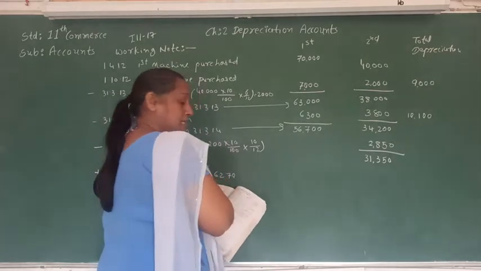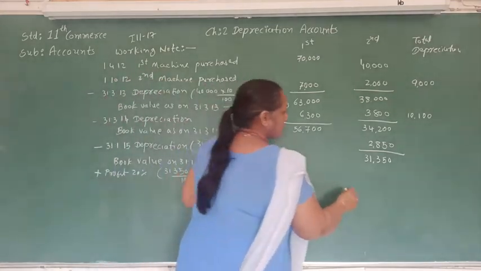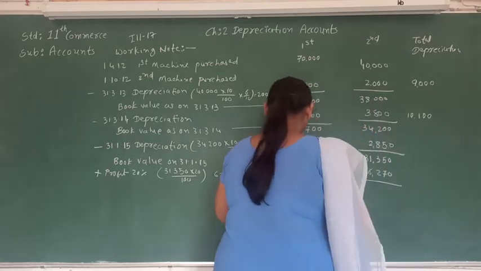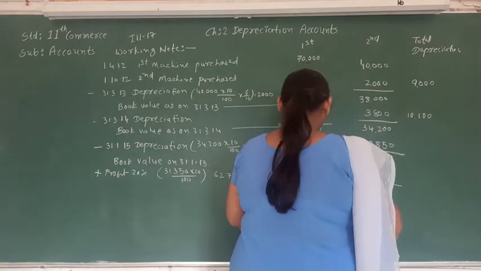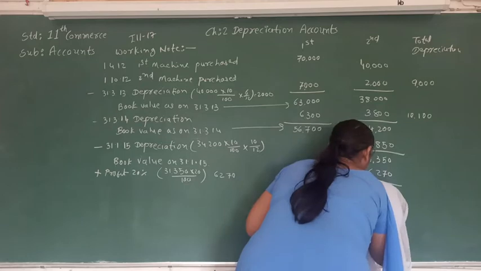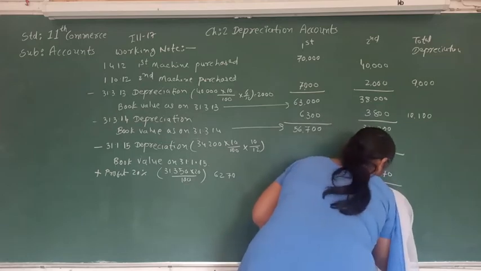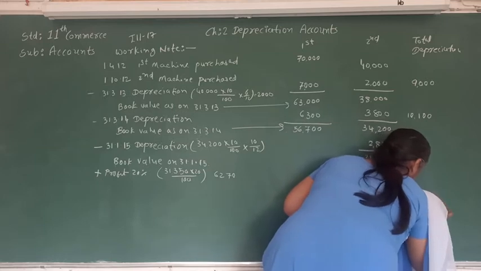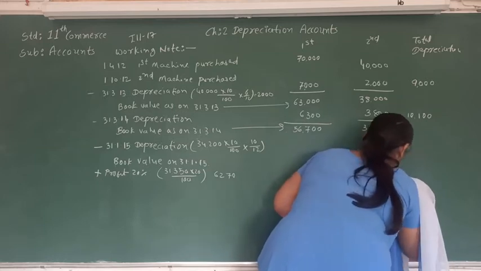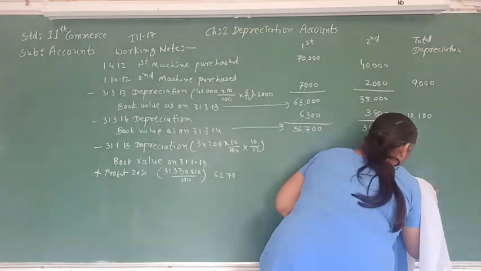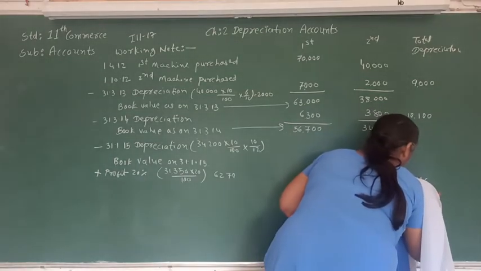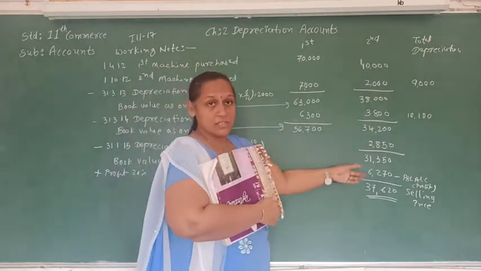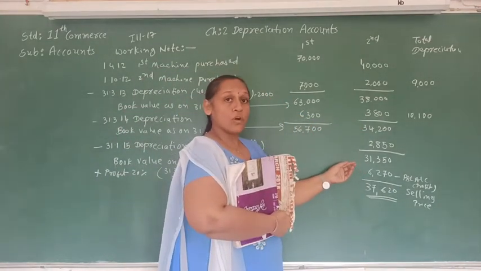Profit will be 6,270. So let's add the profit. Here we get the selling price of the machine, that will be 37,620. So this is the selling price of the second machine, and this is the profit. It is supposed to be taken to the profit and loss account. So this second machine was sold on 31st 1/15.